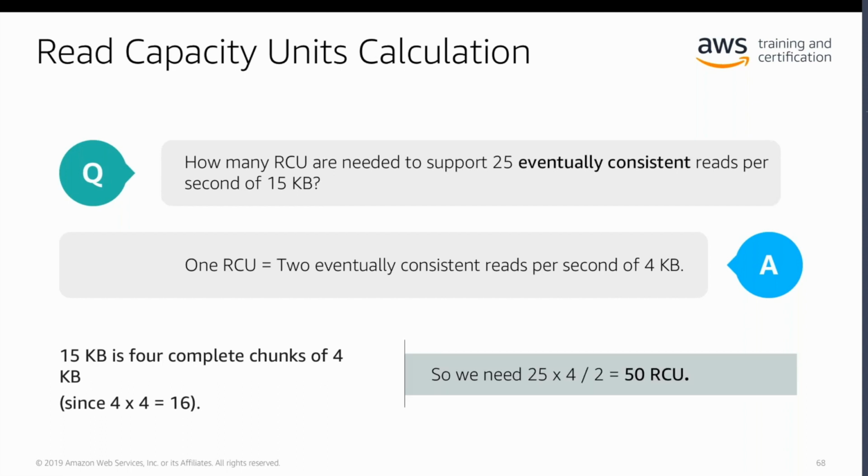And in this case, because we're doing eventually consistent reads, to do that same amount of reads on that same table, we only need 50 read capacity units. So we could do the same amount of read throughput, but because we're only reading from one replica, we only need 50 read capacity units to actually do it. So we just take that number and divide it by 2 when we're trying to figure out eventually consistent reads.